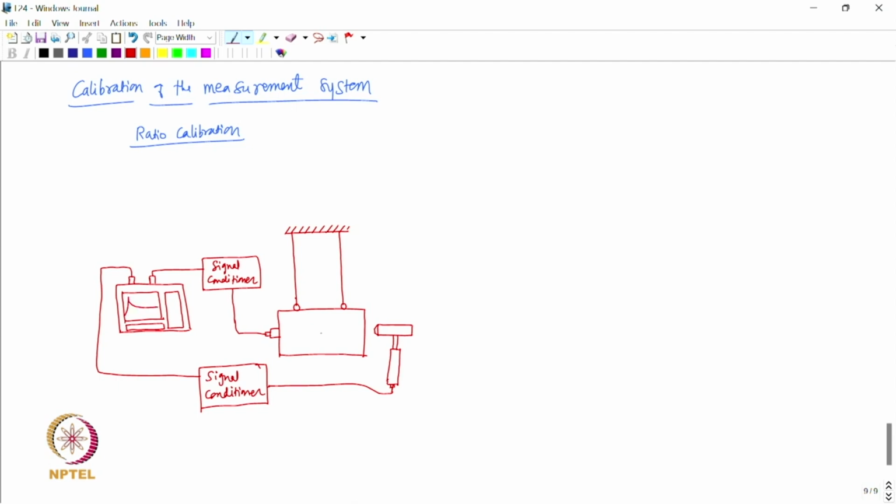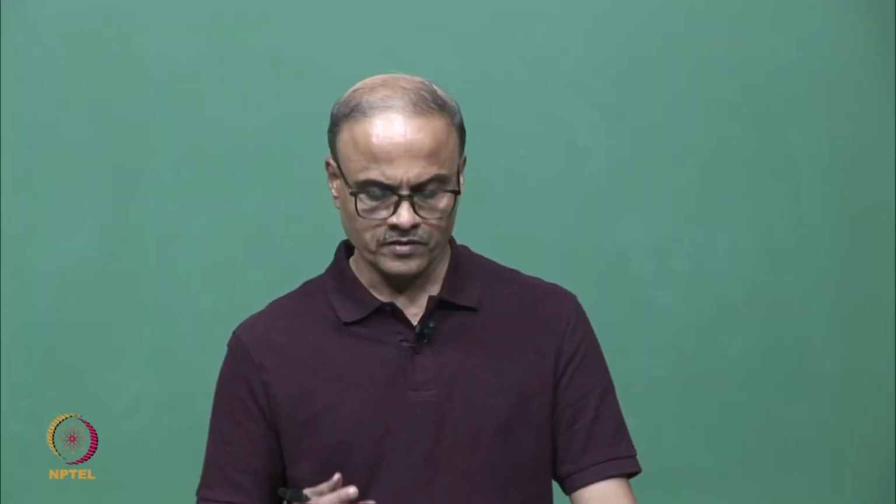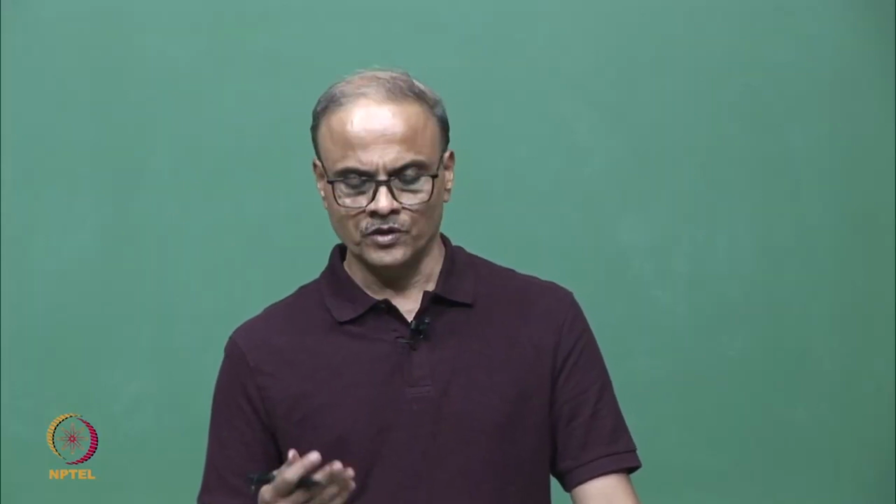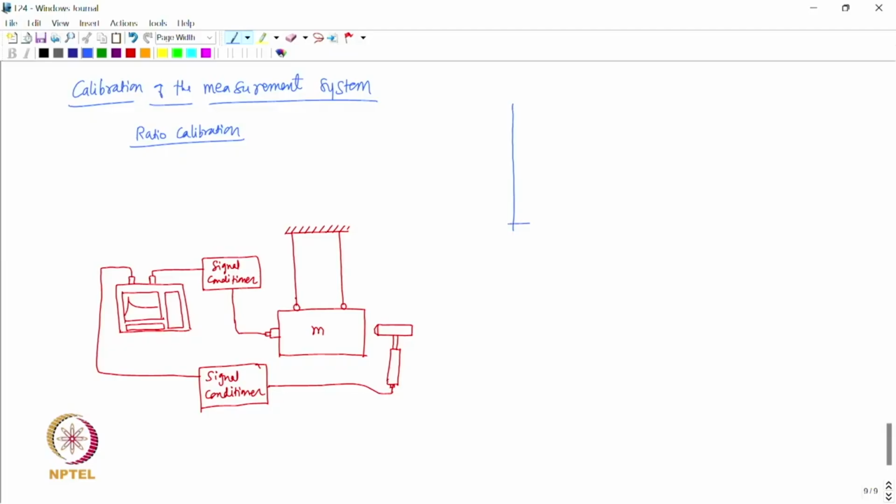Okay, so let us say the mass of this pendulum is m. If this pendulum or the mass is disturbed by small amplitude, then it can be approximated by a linear system, and it will behave like a single degree of freedom system, right. The frequency response function, the inertance for this single degree of freedom system, we know from theory that it is of this form.